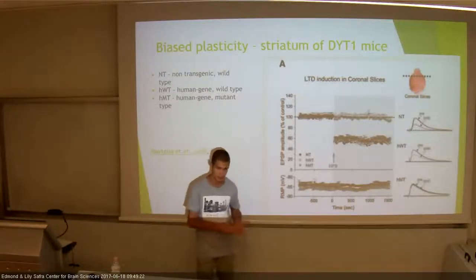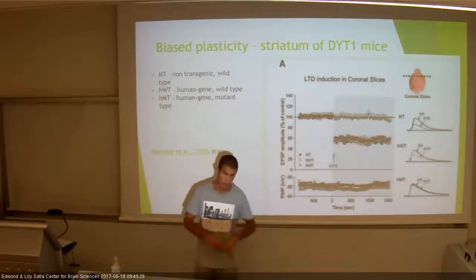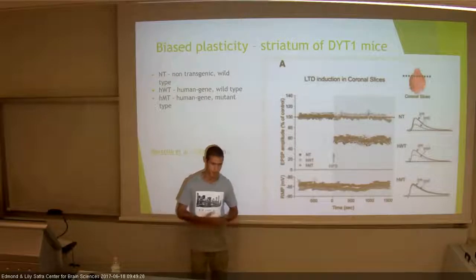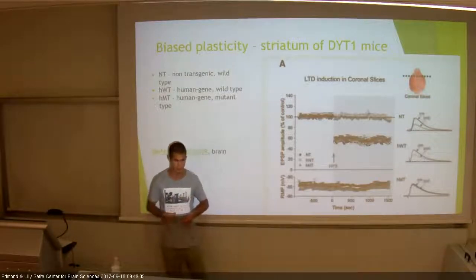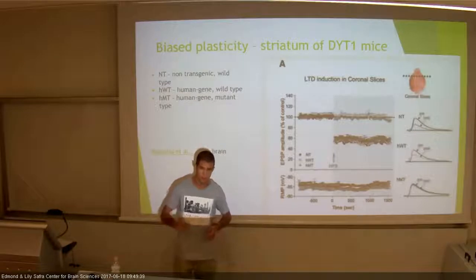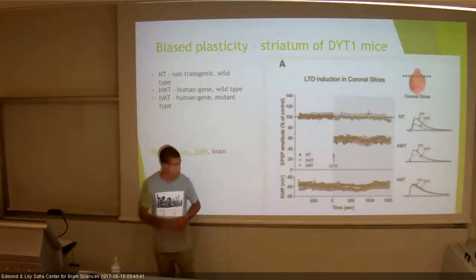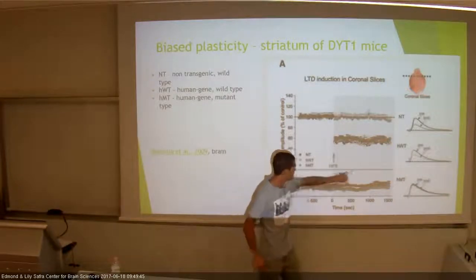They used three groups of mice, two groups of control: wild type, and wild type with the human gene of the torsinA protein that is responsible for the disease, and mice with the human gene with the DYT1 dystonia mutation. We can see here the EPSP's amplitude versus the time.